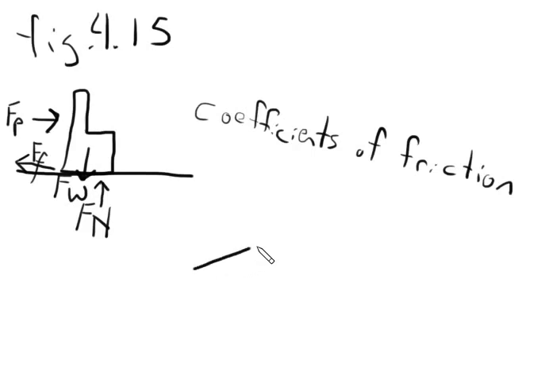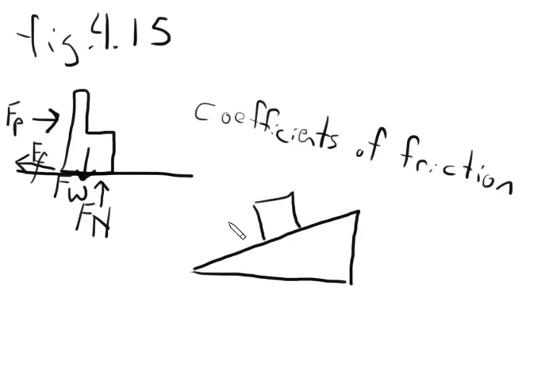But what about something that's just naturally falling? What about something that's naturally falling on an inclined plane? We have an inclined plane, and this block wants to naturally fall down here, okay?